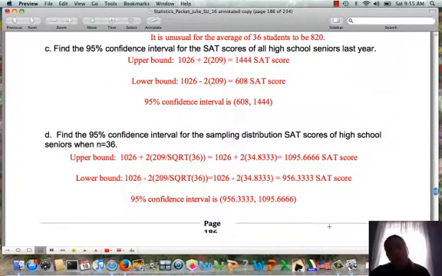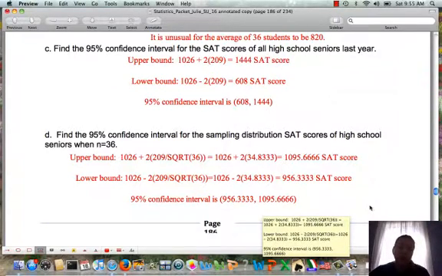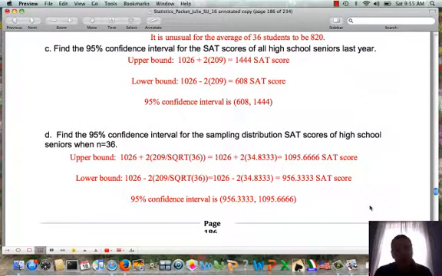So why is this confidence interval smaller than the one for the entire population? If you think about it, we're working with a sample and we're taking the mean of that sample. So when we do the mean of the sample, that's going to give us values closer to the center. And if we take very many sample means, we expect our data to lie much closer to the population mean, 1,026.